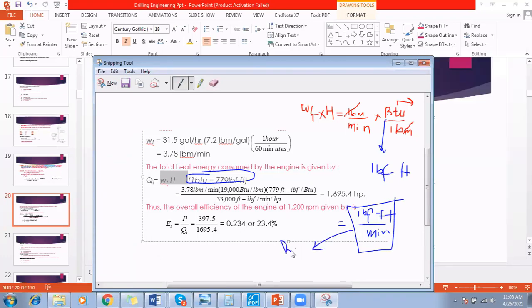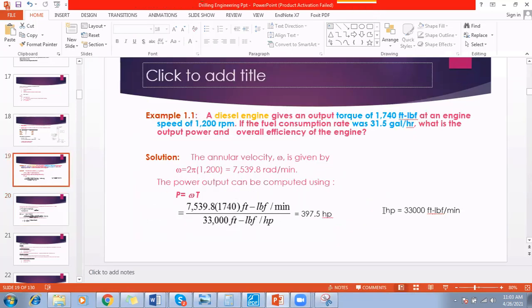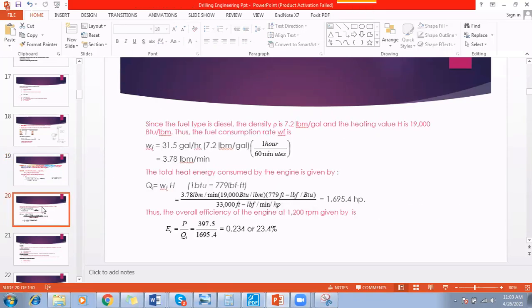So what is the conversion factor of HP? Here you can see that I have mentioned the conversion factor that can be used to convert LBF feet per minute to HP. This is the important thing, as I mentioned before, that you need to focus on the units.